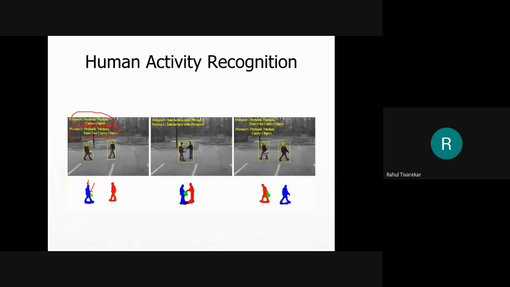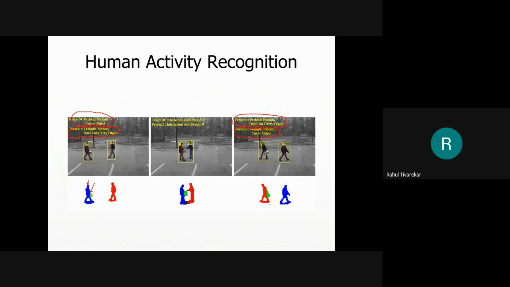In the second image, we see that they are interacting, and in the third image, we see that person zero has moved in the same direction as he was moving earlier, and person one also moved in the same direction as he was moving earlier. But now the object is in the hand of person one.